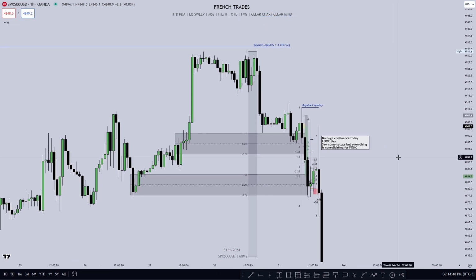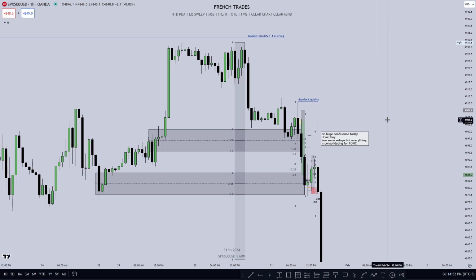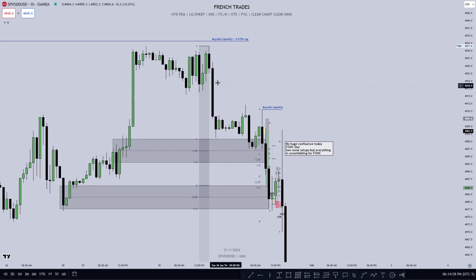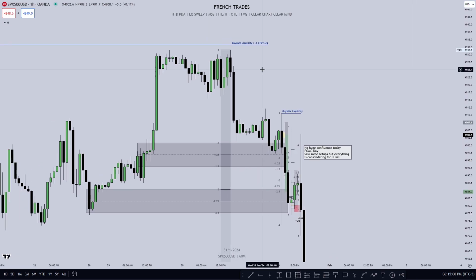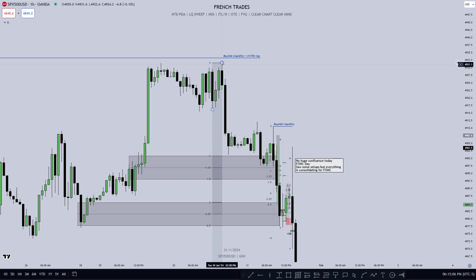Now, I did make a crucial mistake that ended up causing these losses. I didn't really trade, so there was no loss. But what I had planned, or what I had thought, was this high that created this market structure shift. And this is where you want to pay attention. We say, okay, well, if this is a sell model, obviously because it's a bearish market structure shift and also broke this swing low, so it's a really valid market structure shift.